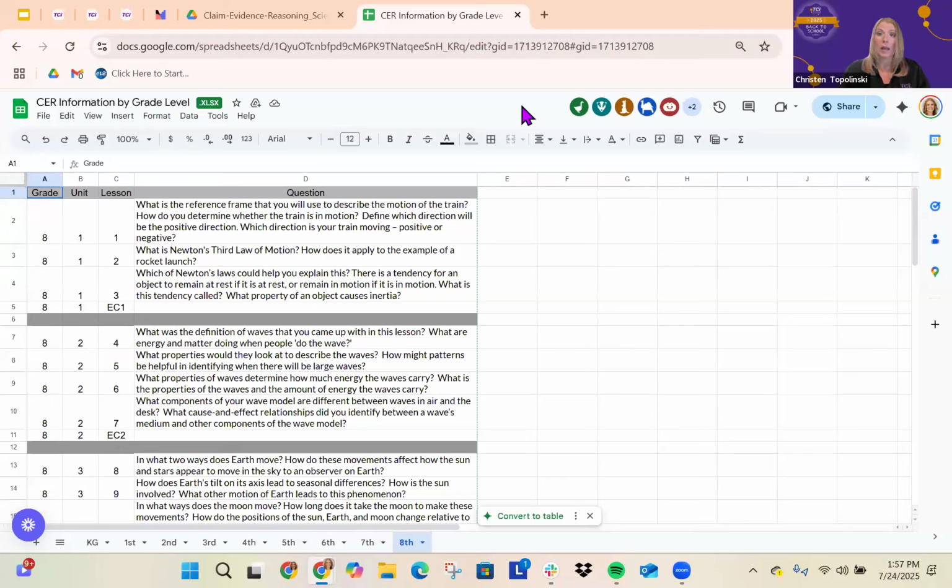The other thing I think about when I'm teaching claim, evidence, reasoning is that I want to do at least three, maybe four of these a year. I really want to be intentional about making sure I have enough time to do them, because it's going to take you extra time, especially if you're using scaffolding strategies where students talk it out, or you're making sure you have all of the evidence from all of the activities written somewhere where they can see it.